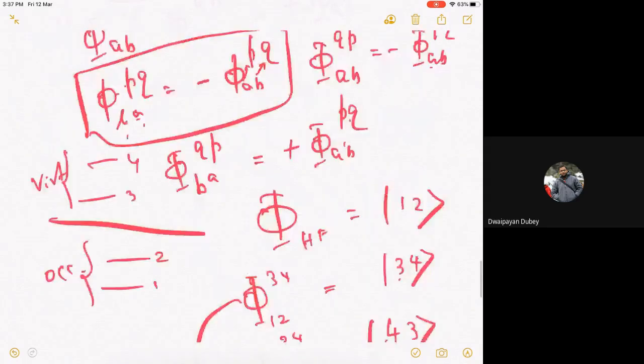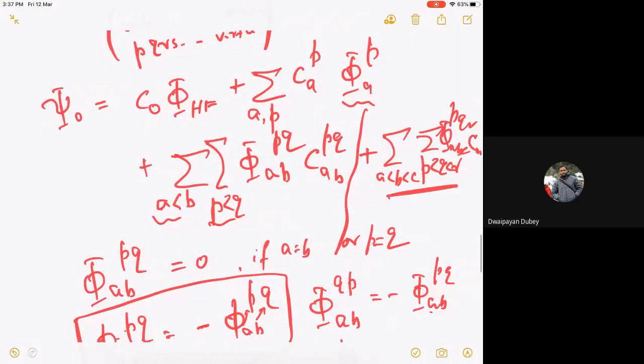So what I'm trying to say, you need to only write A less than B, P less than Q. The rest of them are identical. Identical means they're linearly dependent, so either same or negative, which means you don't take a combination because we are only going to take a linear combination of independent Slater determinants.